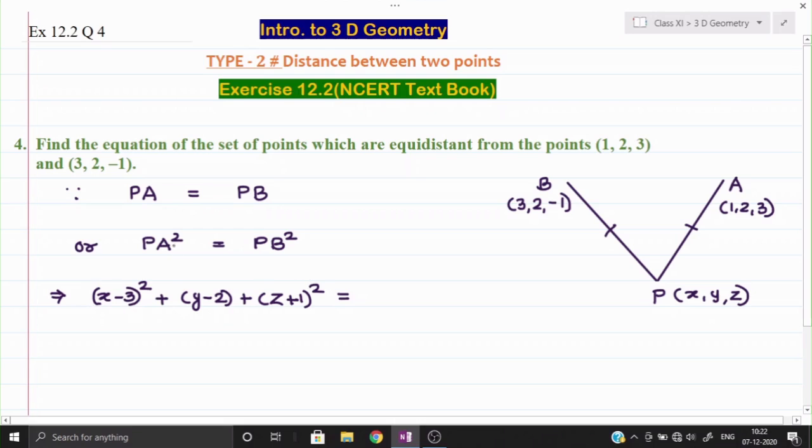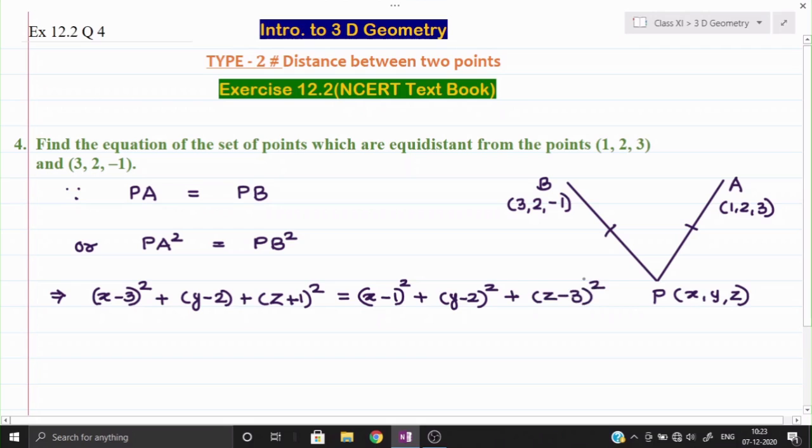In a similar way, we shall find the length of PB here. So that will be, sorry, I think I have written PA in place of PB, so please ignore that. Now I am writing here: (x minus 1) whole power 2 plus (y minus 2) whole power 2 and (z minus 3) whole power 2. Okay.